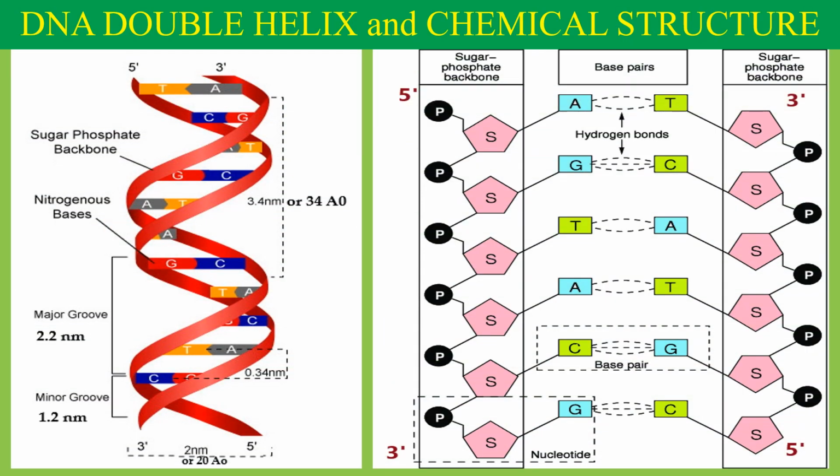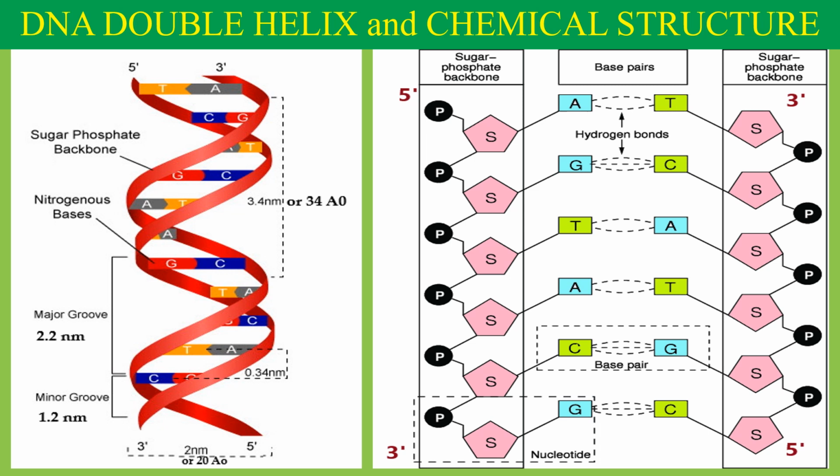In this slide, we see both the helical as well as the chemical structure of the DNA. Already all the structural characteristics of the DNA double helix we discussed in previous slides. Here I am going to tell you some peculiar characteristics of DNA structure.